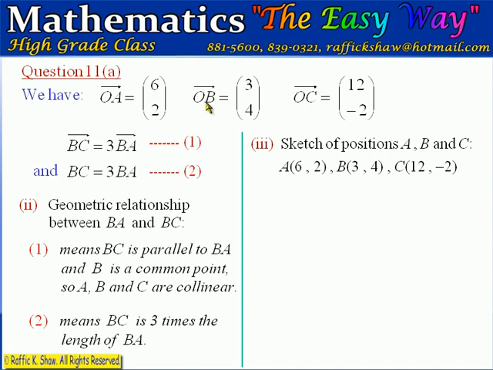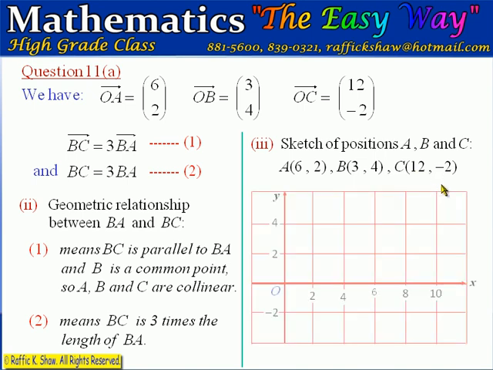And because the position vector of the point B is the column vector (3, 4), it means that the coordinates of the point B is (3, 4), written like this. And then because the position vector of the point C is the column vector (12, -2), it means that the coordinates of C is (12, -2) as shown here.